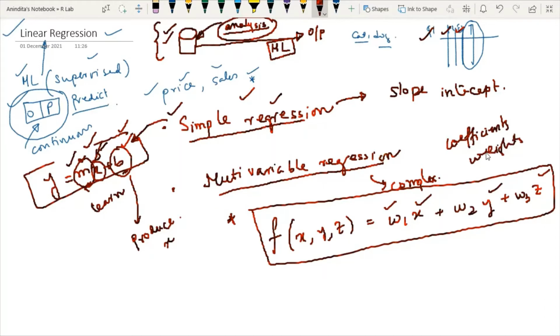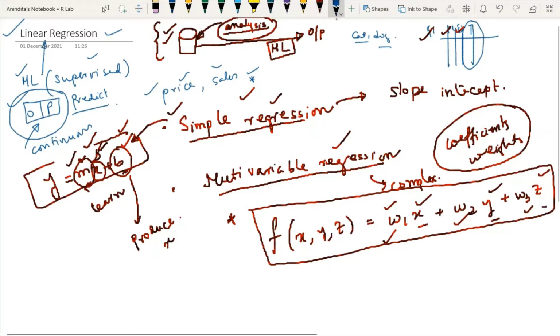And here our model is basically trying to learn these weights W1, W2, and W3. So in multivariable regression, learning the coefficients is the ultimate objective of the algorithm.